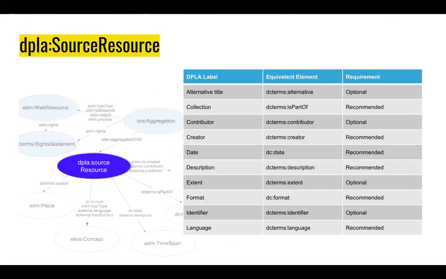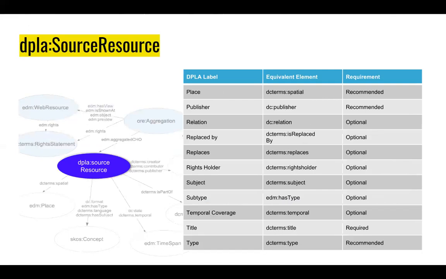So things like collection, contributor, creator, date, description, language, publisher, relation, rights holder, subject. These are pretty basic ideas, basic metadata. Most of the metadata you provide us will be mapped into this class of properties.